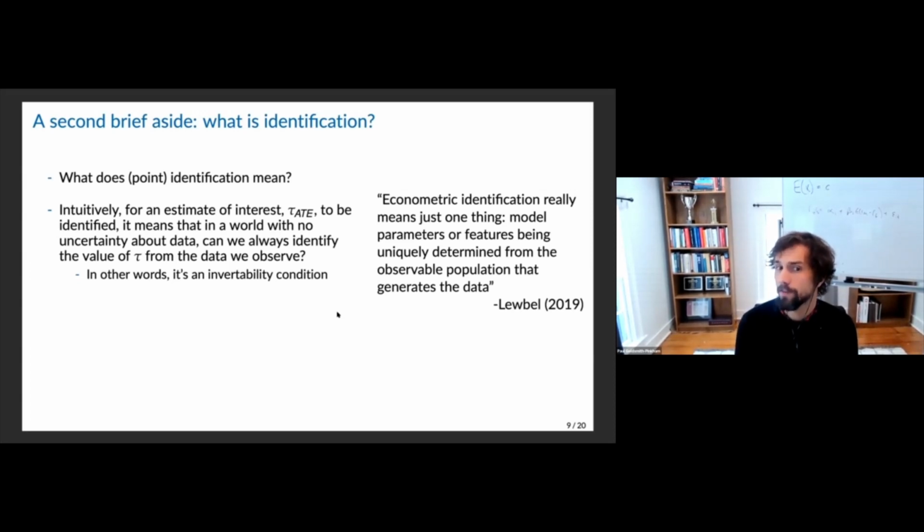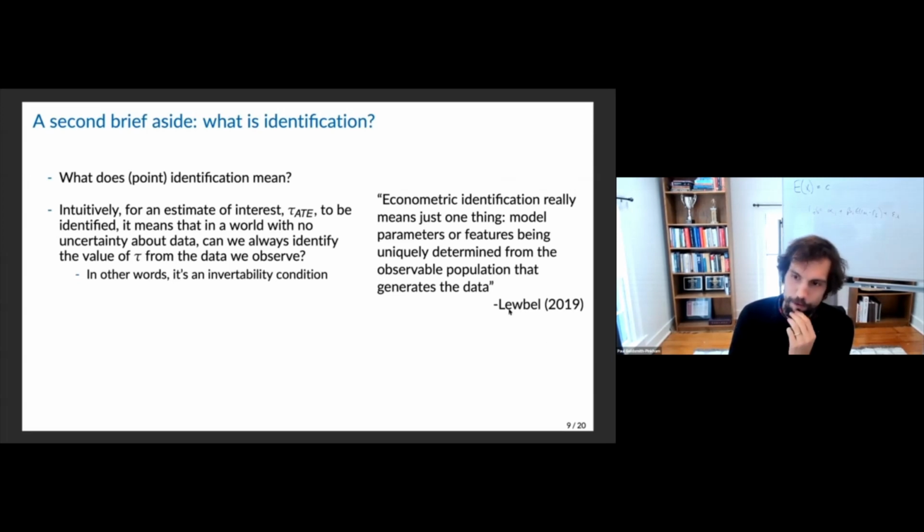In other words, this means it's an invertibility condition. It's the idea that we can invert the parameter of interest back out from the data that we observe in the wild. That variation in the data set will help us identify the parameter itself. Now, why am I belaboring this point so much?